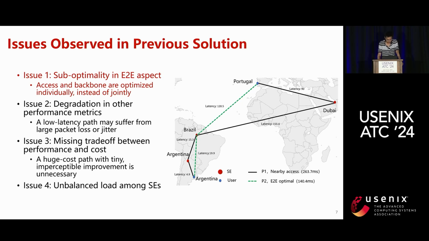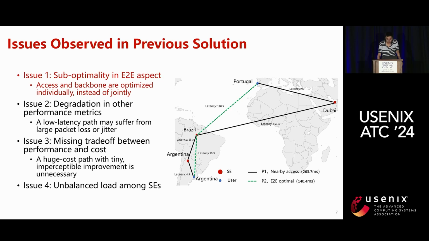Here we have an example: a user from Argentina and another from Portugal. With the previous method, the Argentina user gets associated with the Argentina SE and then Brazil, and the Portugal user is associated with Dubai. The whole latency of this path is around 260 milliseconds.